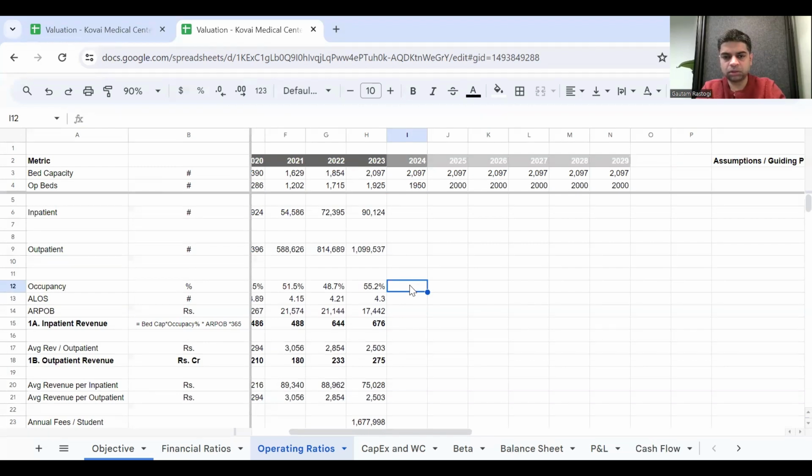So let's assume 60%, and then I'll just assume a gradual increase: 68 and 70.